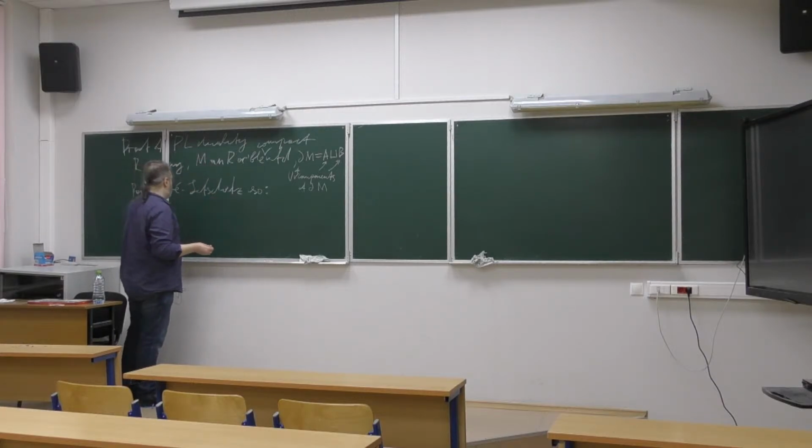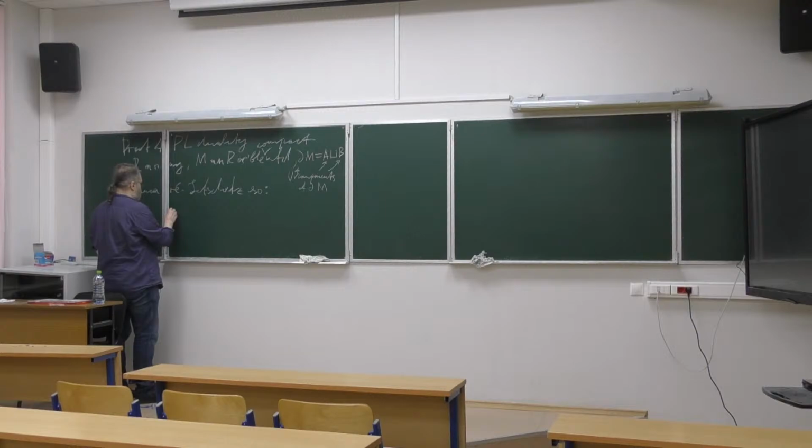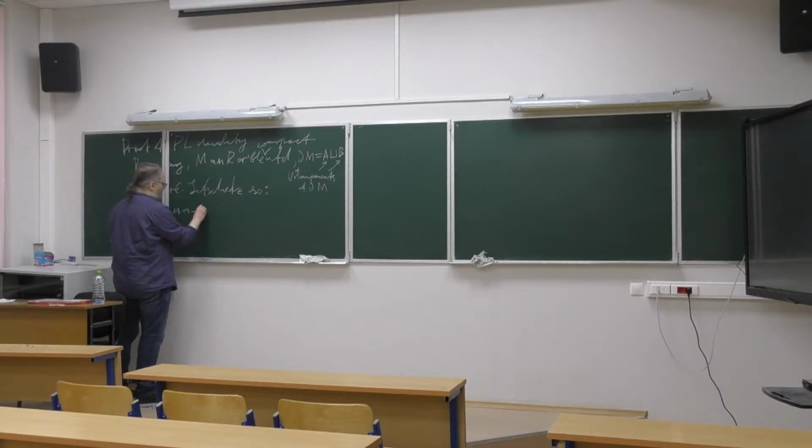Then we have the Poincare Lefschetz isomorphism given by capping with mu M.